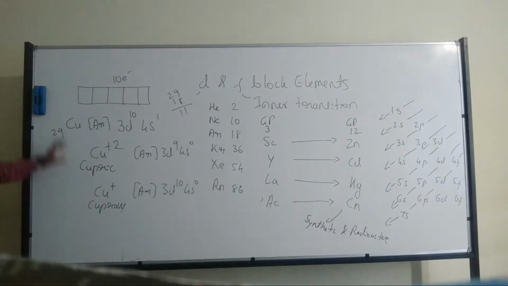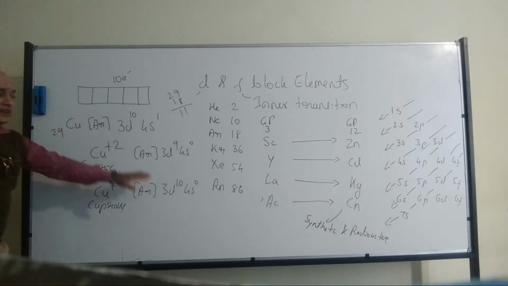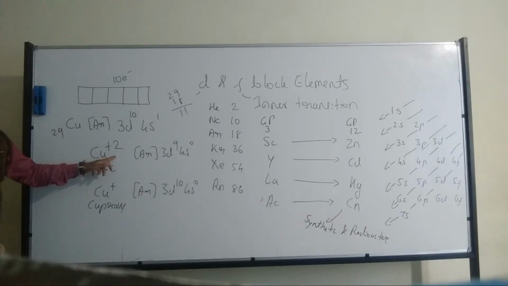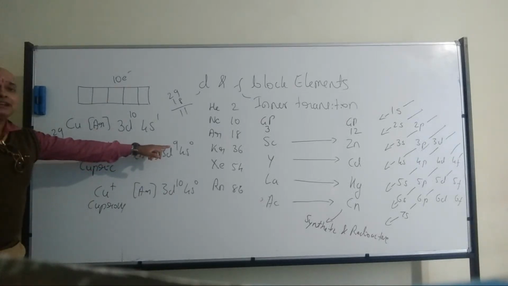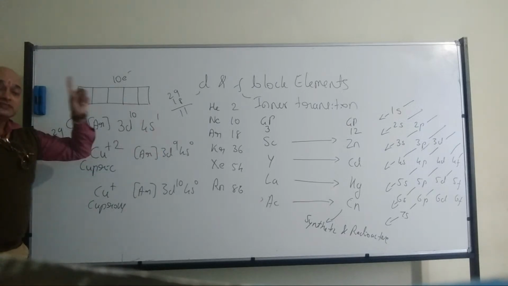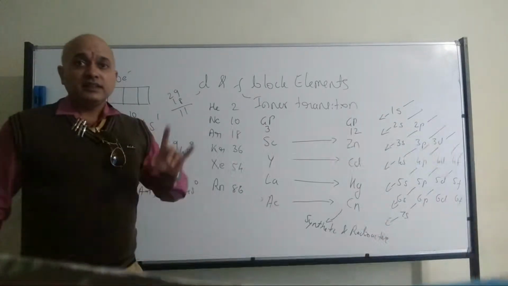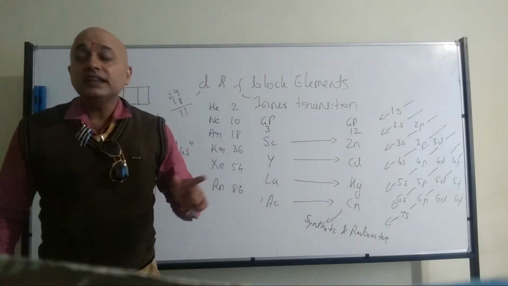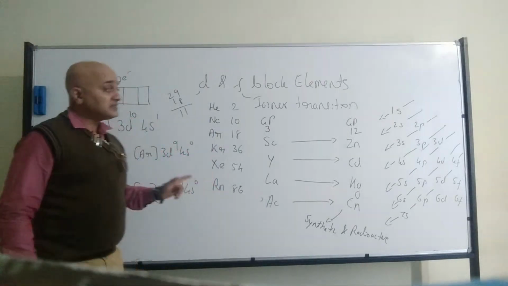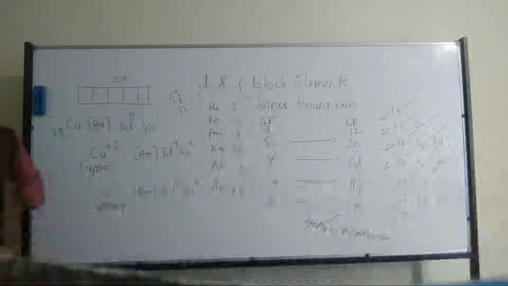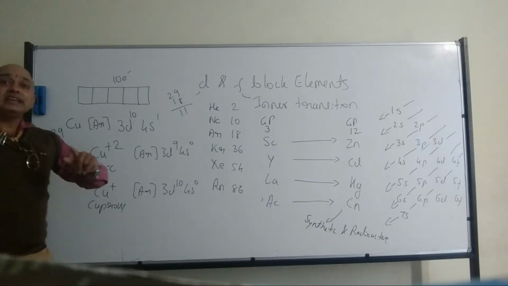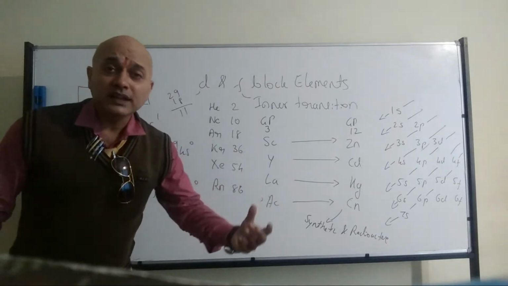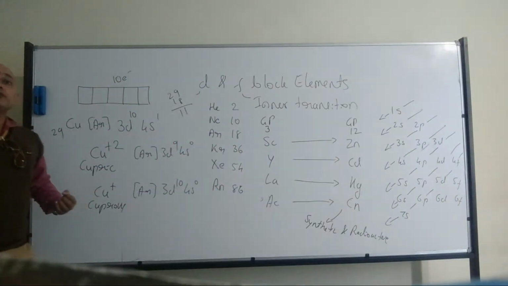That means cuprous and copper have the completely filled d subshell. But when it comes to cupric, it has an incompletely filled d subshell. So that's what I was telling in the beginning of this class. When we were defining the d block element, we defined it as a group of elements which will have an incompletely filled d subshell either in their elemental form or in their ionic form.